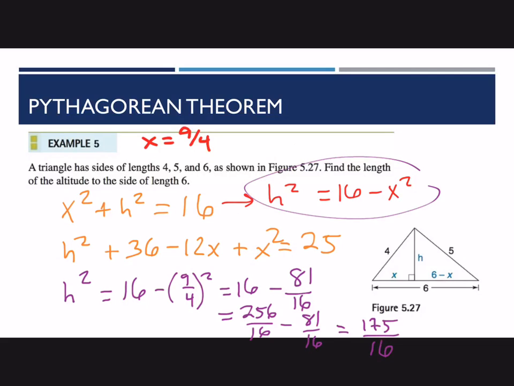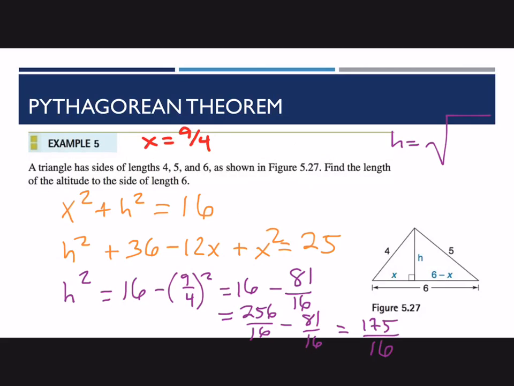So my last step, I need to square root this to get h. Okay, so h would be the square root of 175 over 16.